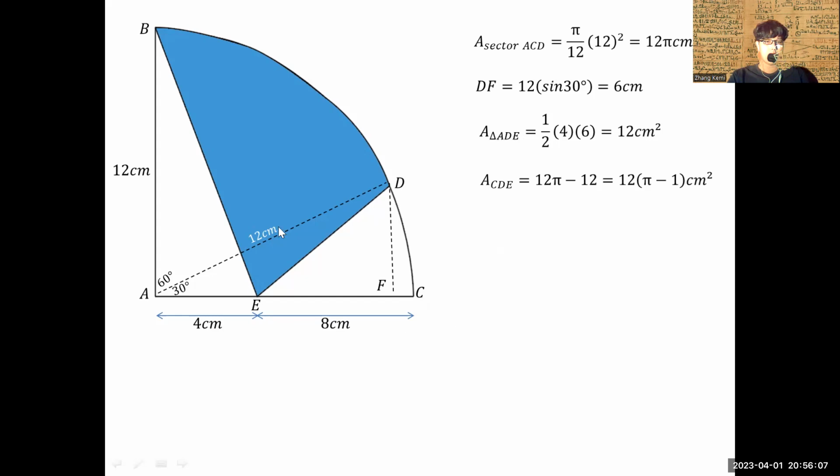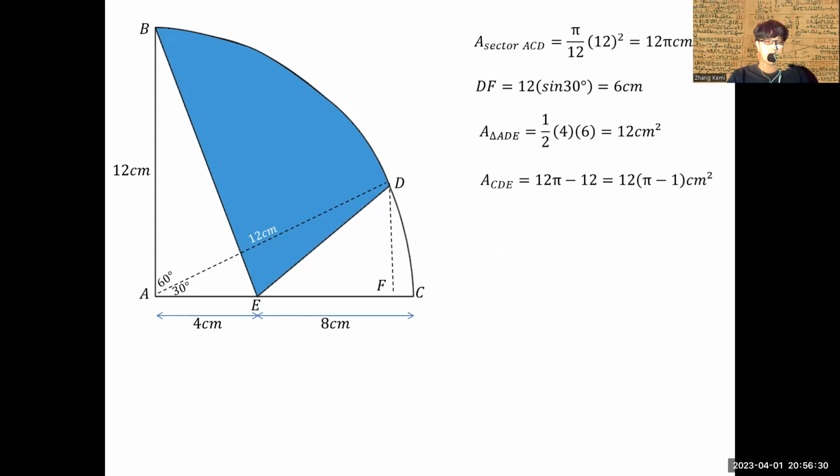Now, very simple and straightforward. Why? Because I just have to find the area of this triangle. I can use the area of the quadrant to subtract away the area of the triangle ABE, as well as the area of region CDE.